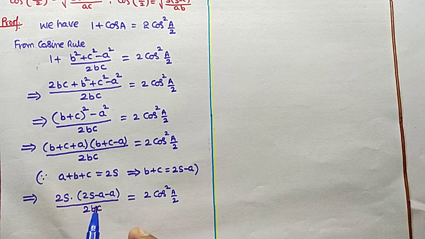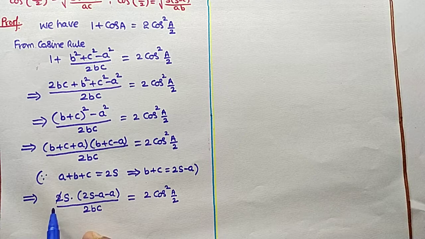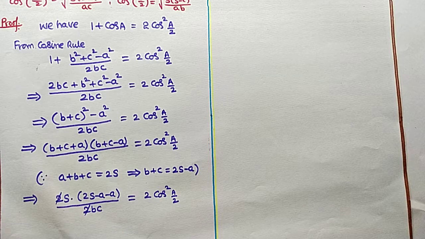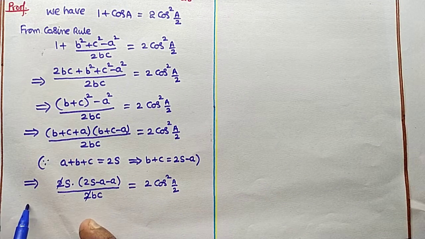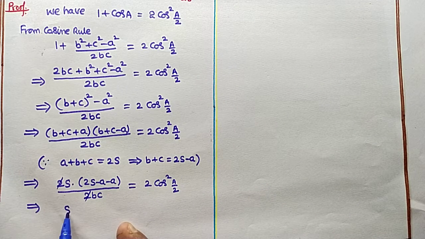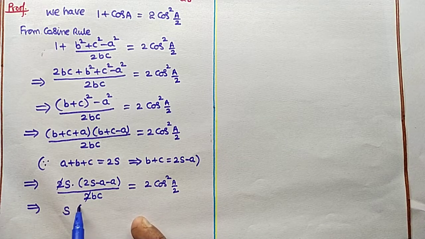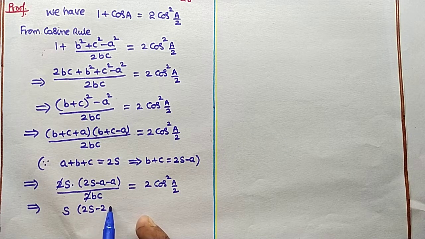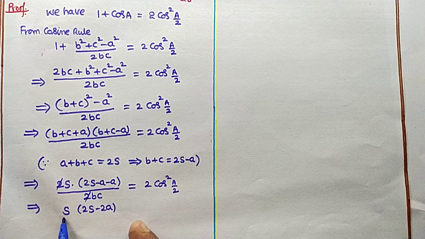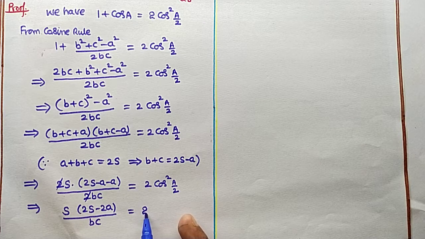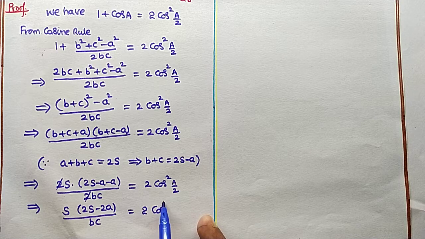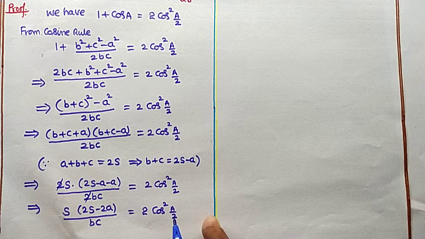So here 2 get cancelled, which can also be written as S into 2S minus 2A divided by BC, which is equal to 2 into cos square A by 2.